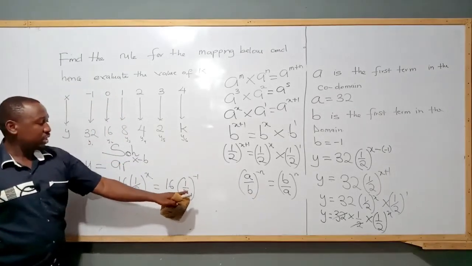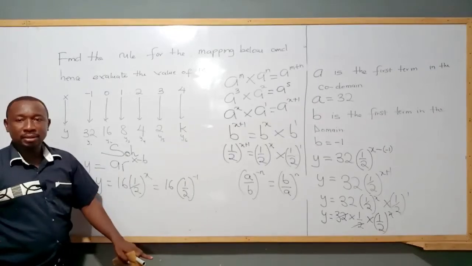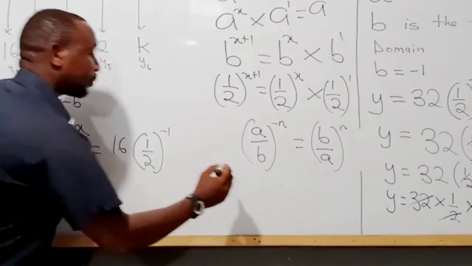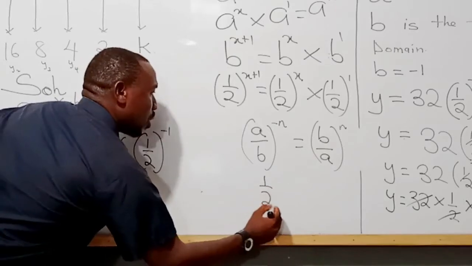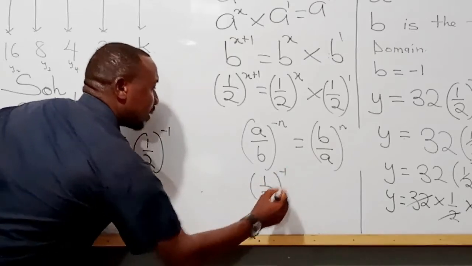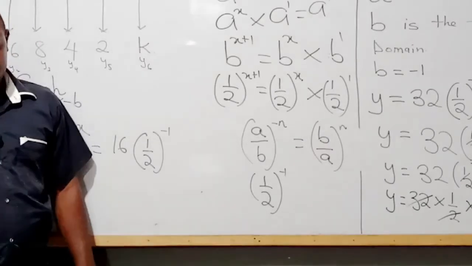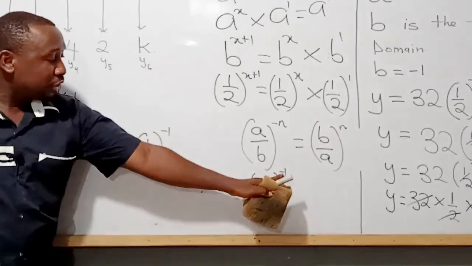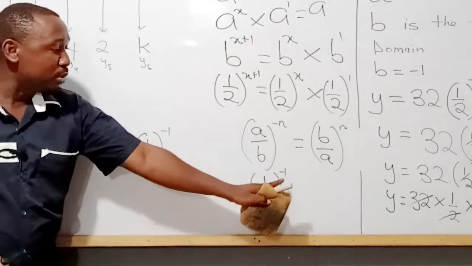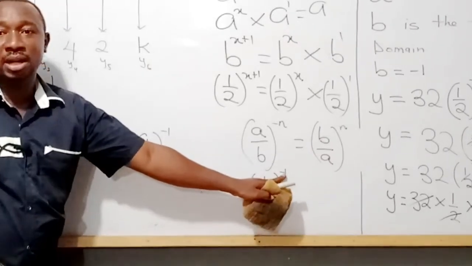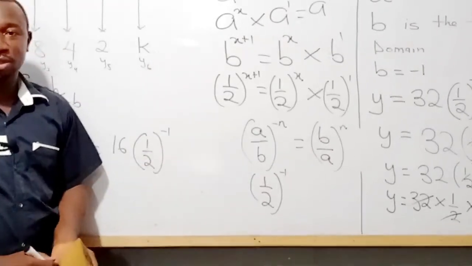Let's check our half to the power -1 and then apply the rule in indices. Half all to the power -1. If you want to remove the negative sign, let the 2 go up and let the 1 come down, and then the negative will turn into positive.